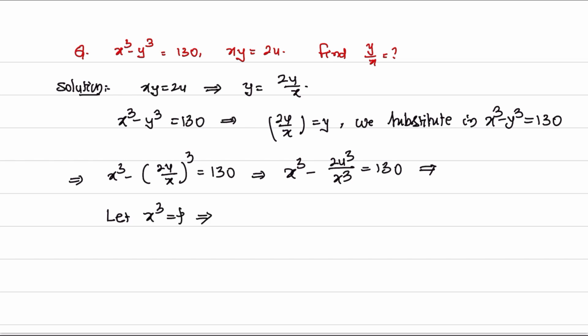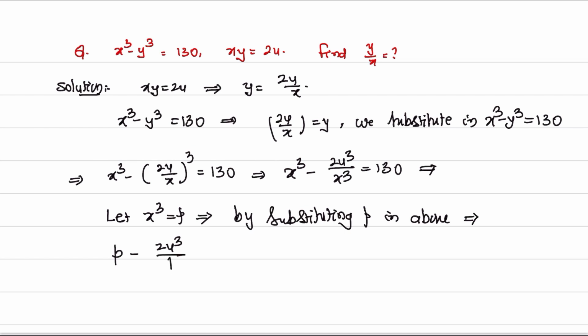Then by substituting p in place of x cube, it implies p minus 24 cube by p is equal to 130, where p is equal to x cube.